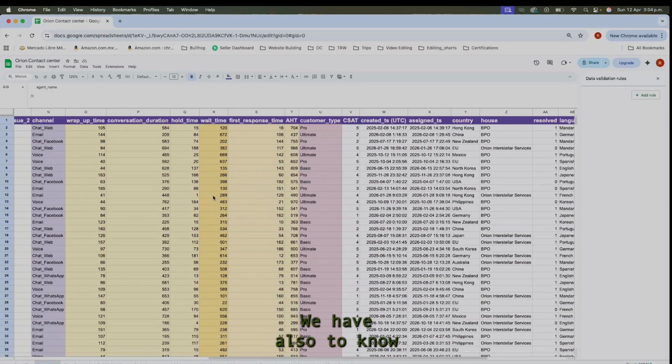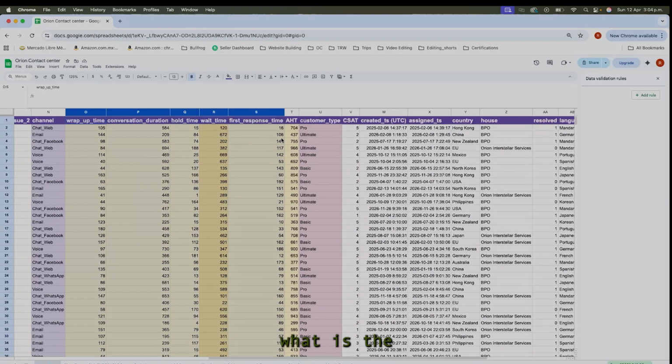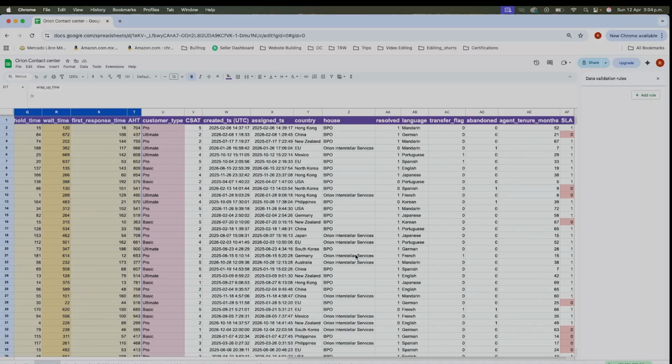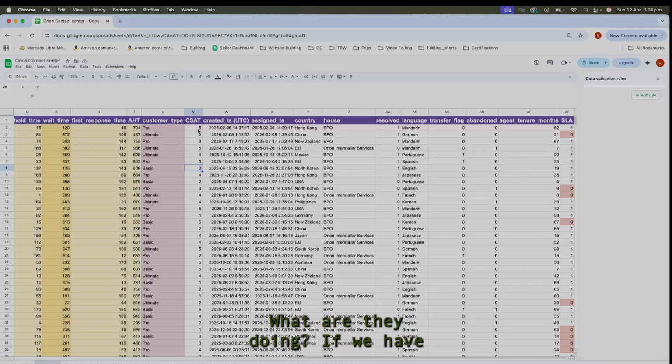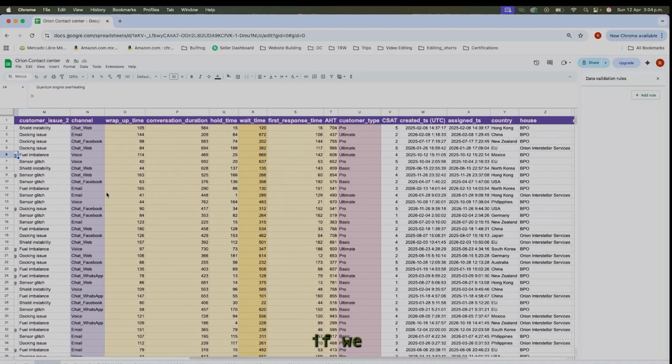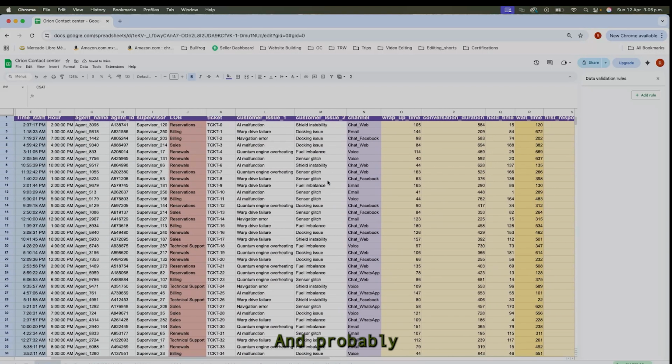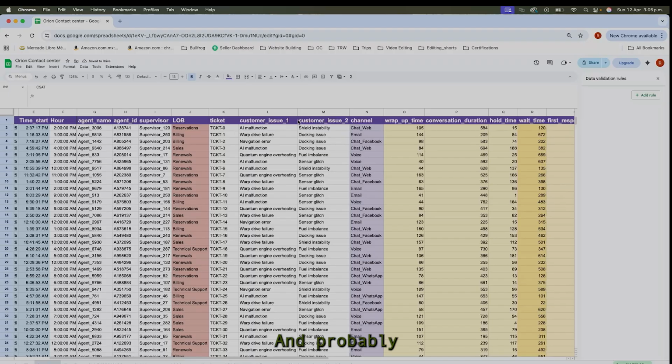We also have to know what the average handle time of these agents is, just to be able to perform coaching. We need to train the agents on why they are taking too long to answer these specific interactions. What are they doing? Do we have a direct correlation between CSAT and agent, between CSAT and probably customer issue?